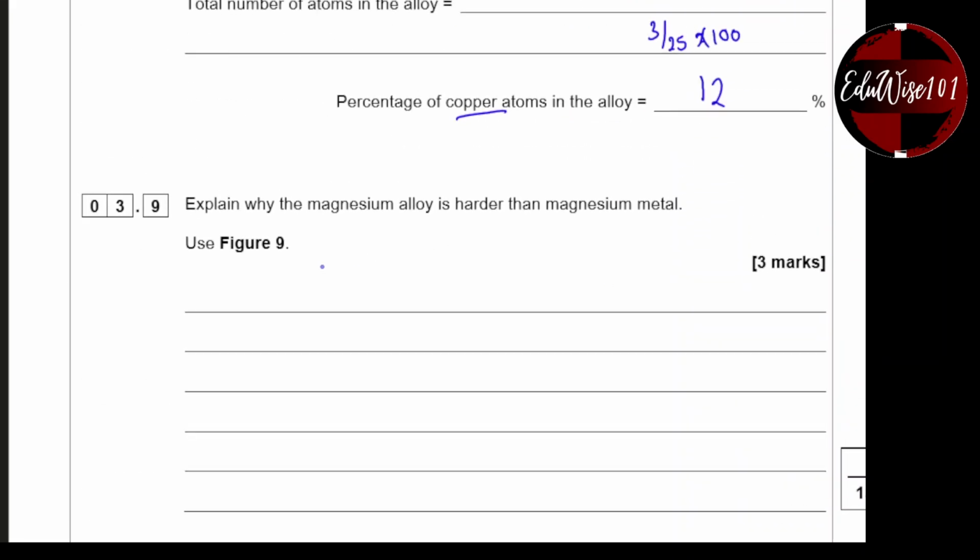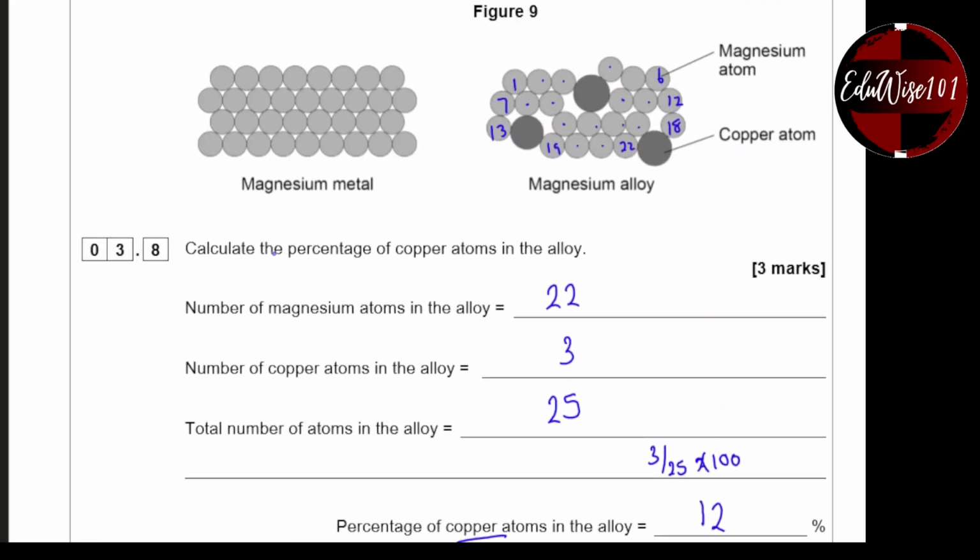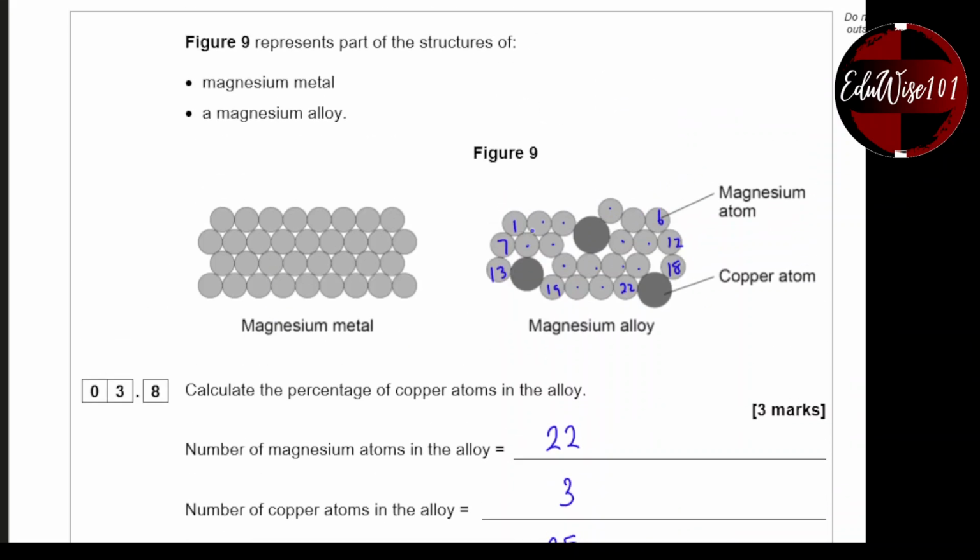Explain why the magnesium alloy is harder than the magnesium metal. Use figure 9. Now, metals are generally strong. If you put force or pressure from the top, you're not going to be able to squash it, so they are actually strong.